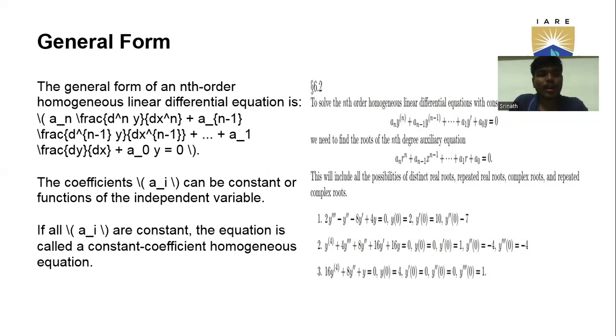If all are constant, the equation is called a constant coefficient homogeneous equation. This is the general form of a homogeneous equation.